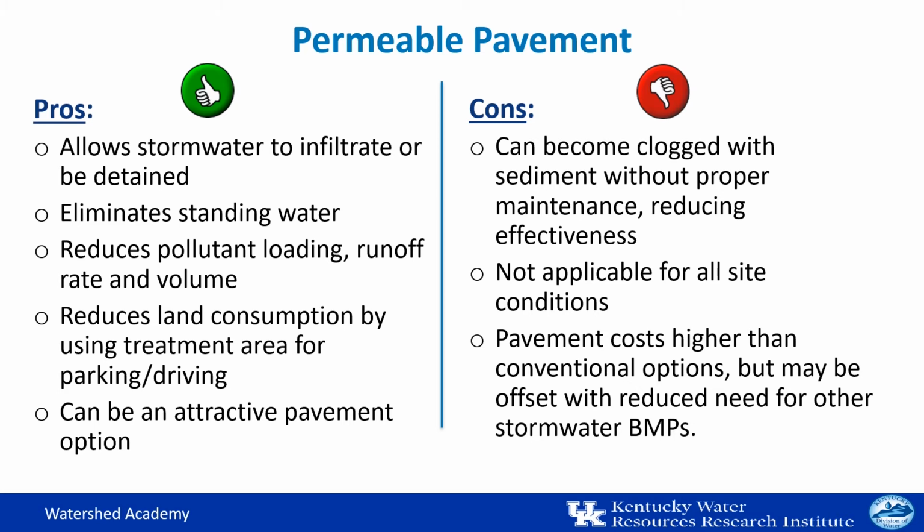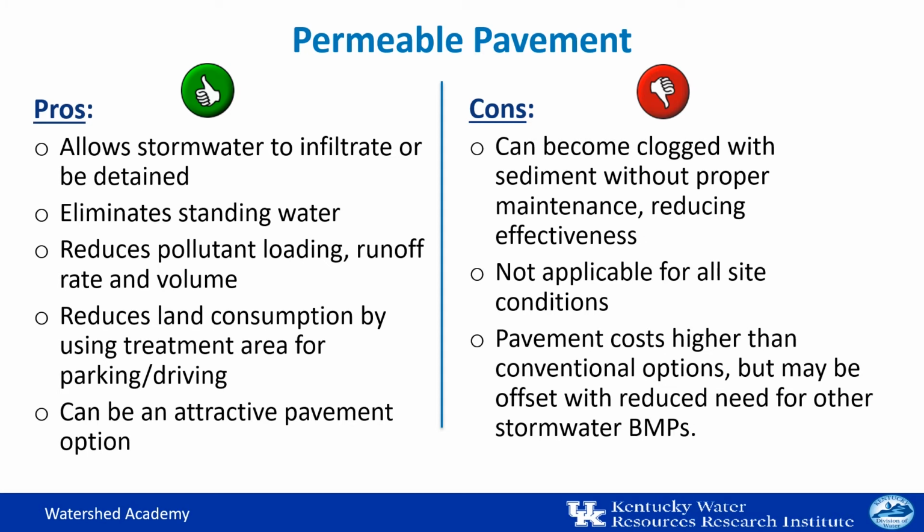It can also become clogged with sediment without proper maintenance or construction staging. And that sediment will reduce its effectiveness. And often if it does become clogged, there's specialized equipment that's needed to vacuum out these pavements on a regular basis or interval.